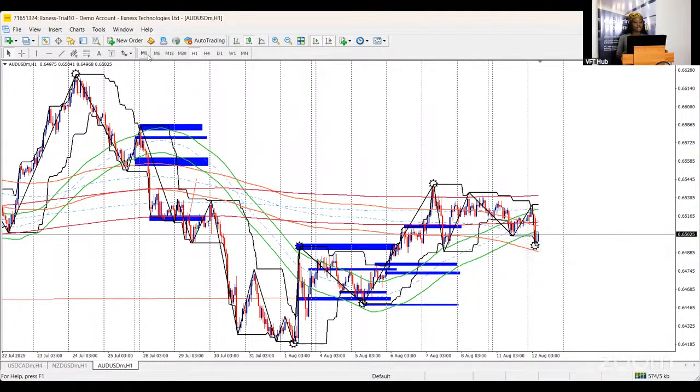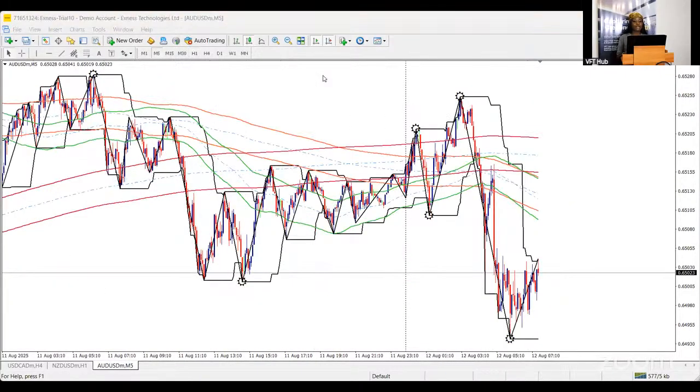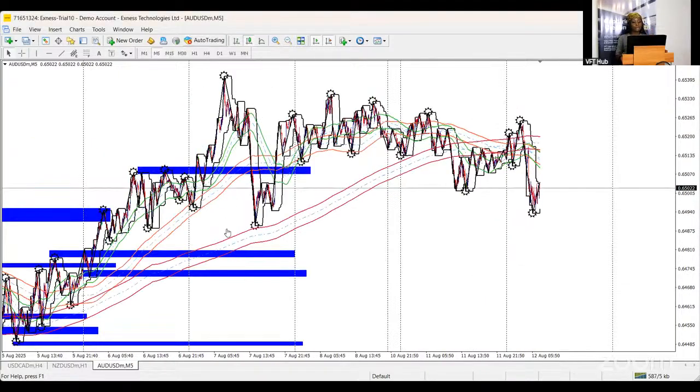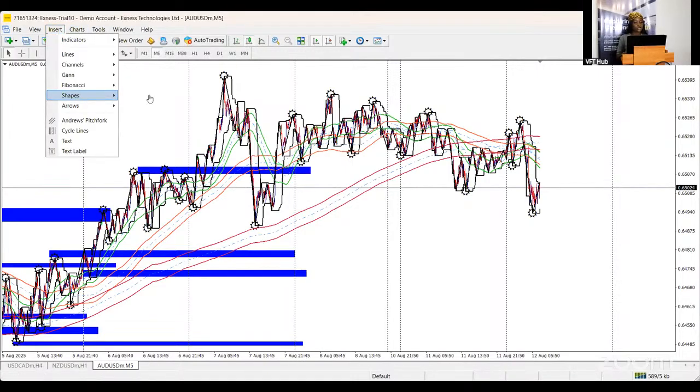So I'm simply going to go on the M5 and mark out levels where I'll wait to see price do one of two things. Either you break above or you break below. Price would either buy or sell when it eventually leaves the range. So having that in mind, I'm now going to mark out 4 basic levels into today's price movement.